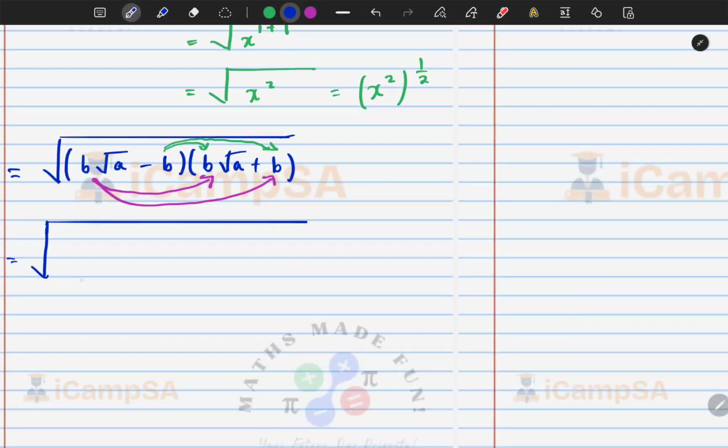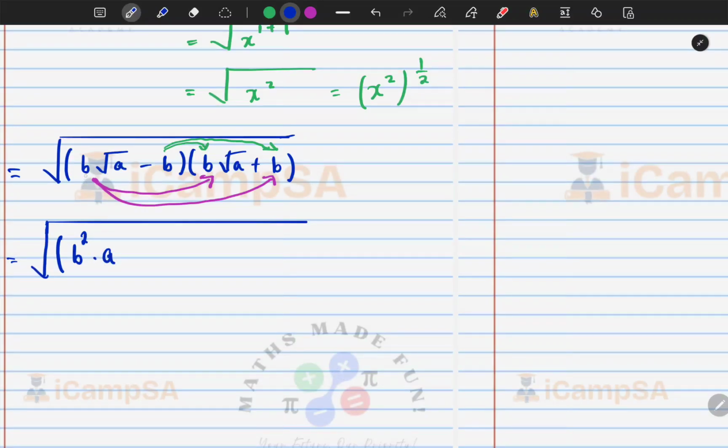So we are going to say b times a times b times a. Okay, so we are going to write a long thing. So it's going to be open bracket, so your b times b, it's going to be your b squared, and then your square root of a times your square root of a, it's going to be a.